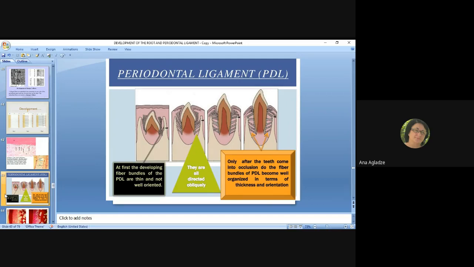Also, osteoprogenitor cells lie in the parts of the periodontal ligament close to bone. They originate from stem cells close to vessels and cannot be distinguished morphologically from inactive fibroblasts.